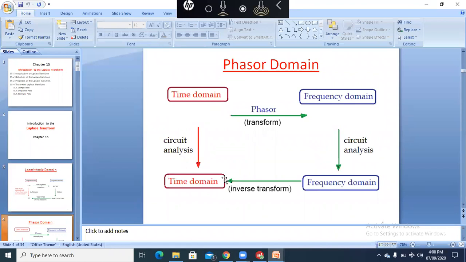In fact, we can perform the circuit analysis directly in the time domain, but this is another way to adopt, transforming from frequency domain to time domain.